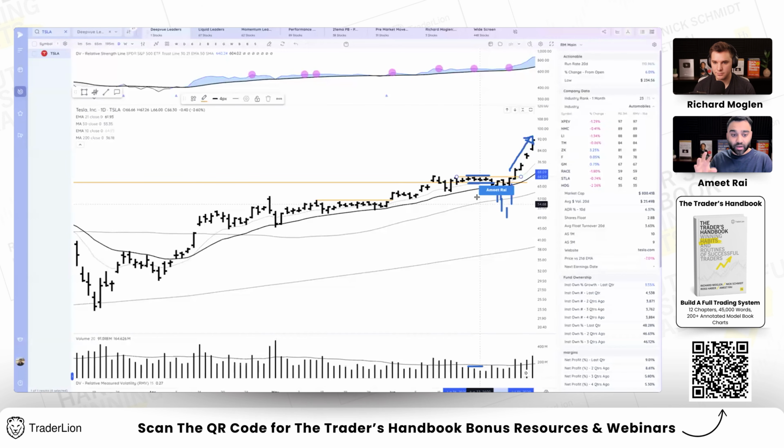And this is a lot of traders, especially when you're beginning in your stage one, stage two, you put a stamp on the stock saying, this is broken down, I'm not interested anymore. And oftentimes, leaders tend to do this before they double.